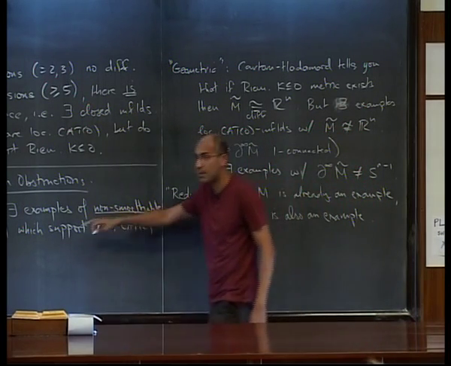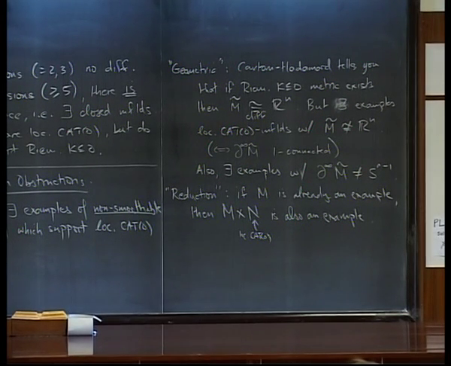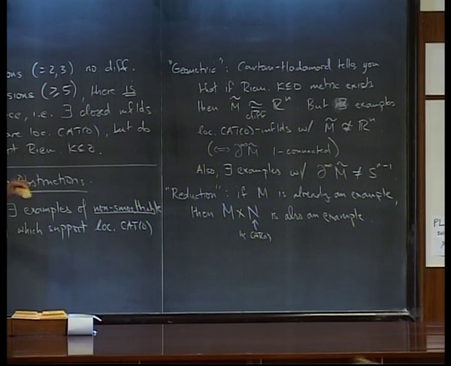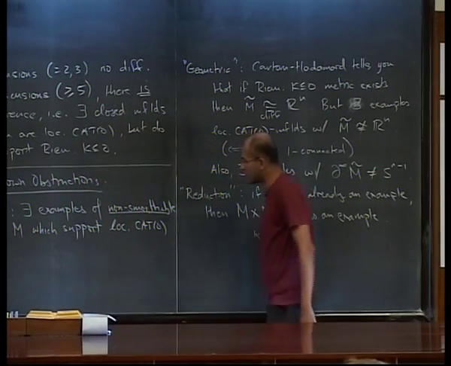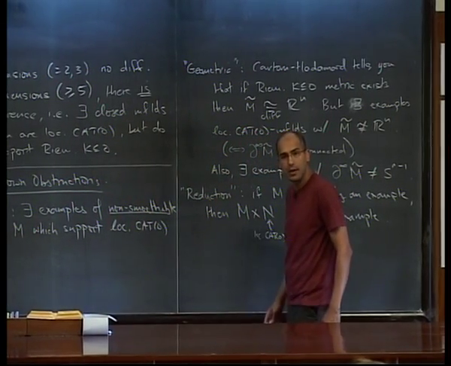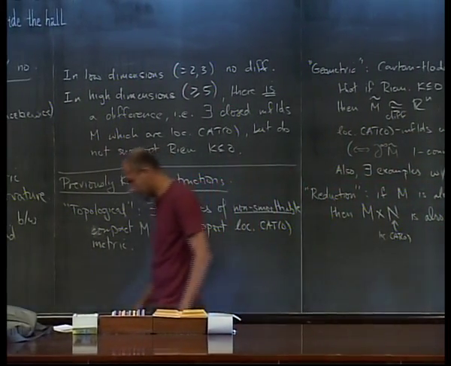For the topological ones, you need to go higher than 5, maybe 7 is the smallest for topological non-smoothable. There are some dimension constraints. In dimension 4, I don't think so; I don't know of examples there.